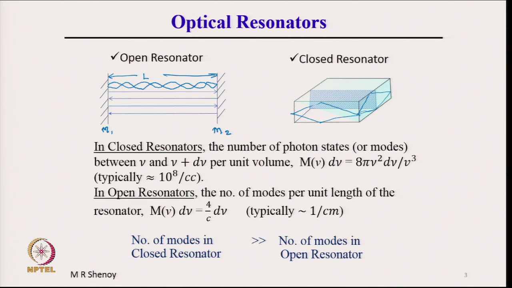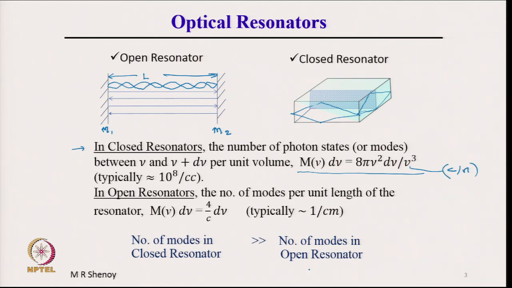But actually, in a closed resonator, the number of photon states or modes between frequencies nu and nu plus d nu per unit volume is given by m(nu) d nu = 8 pi nu^2 d nu / v^3, where v is c by n.